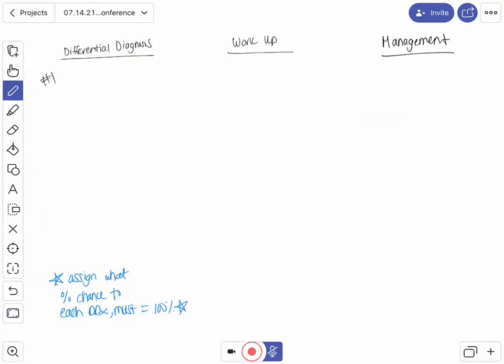We talked about a lithium toxicity syndrome versus a drug overdose. We also talked about acute infections that were on the list.